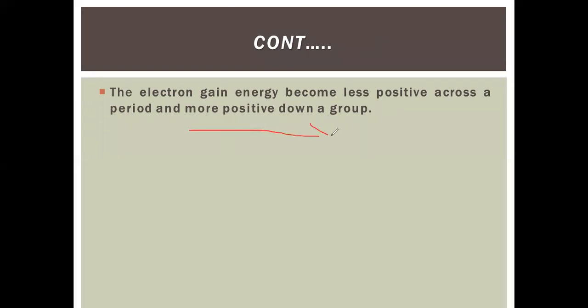From left to right, the electron gain energy is less positive, and down the group it is more positive. And this is what we are talking about: electron gain.